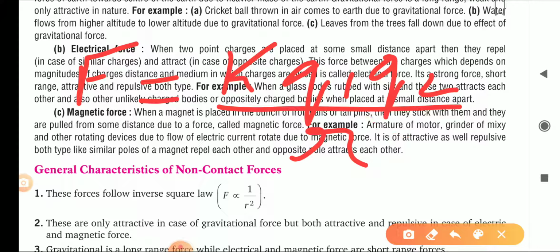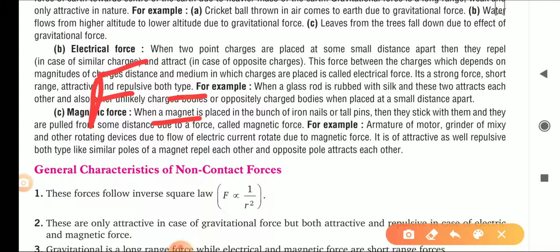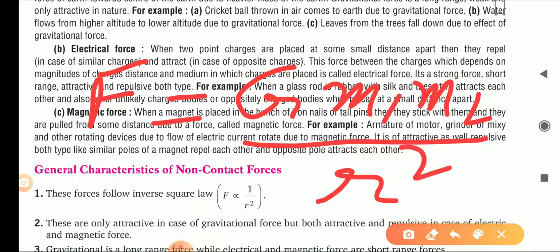Okay. Next one is magnetic force. Here, if two masses are kept at a finite distance apart, and they are always attractive, they are not repulsive, two masses m1 and m2, then the force between these two masses is directly proportional to the product of their masses and inversely proportional to the square of the distance between them.